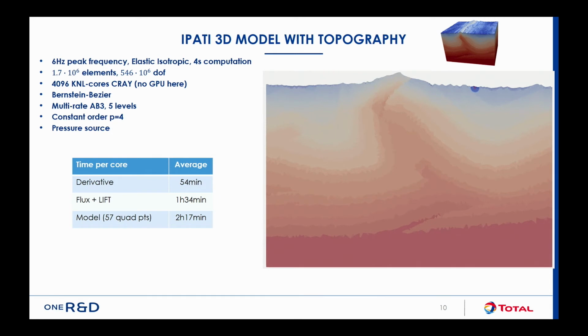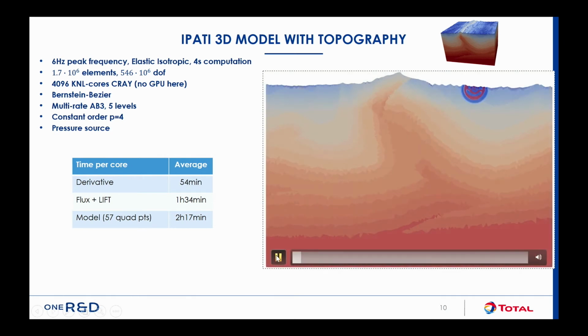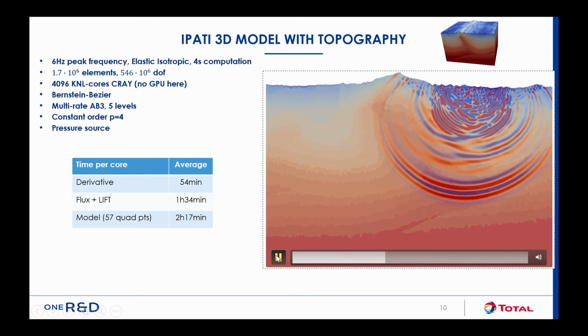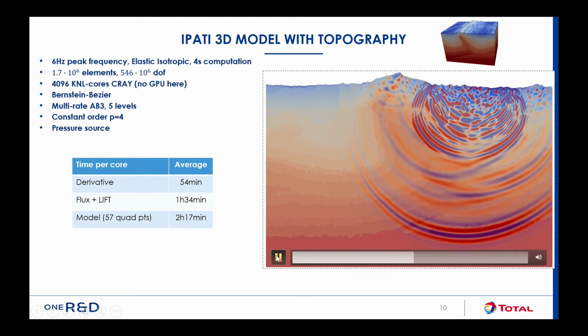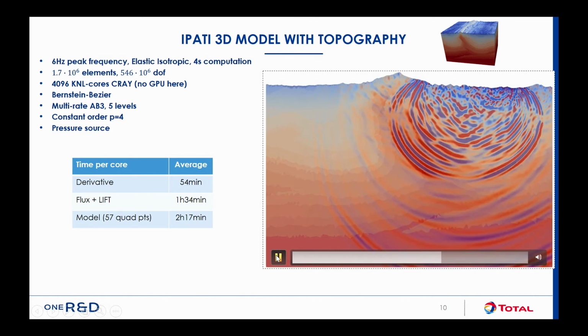So here I have a computation with a snapshot. I have 1.7 million elements, and it's 500 million degrees of freedom.